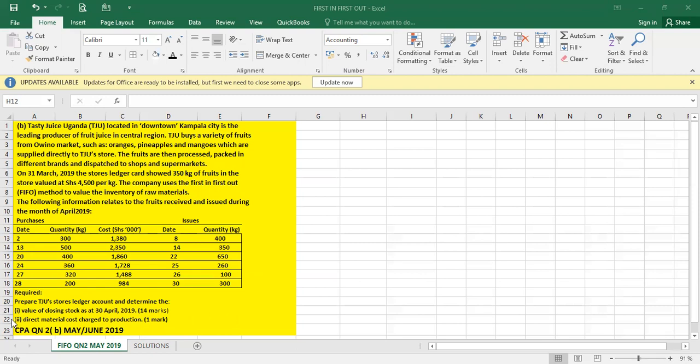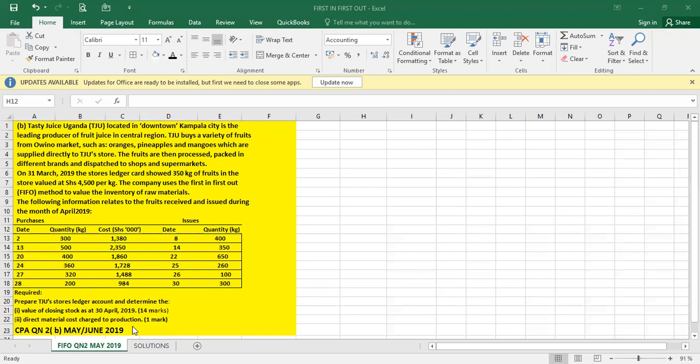Then the part Roman number 2, they are saying the direct material cost charged to the production. So what we want to find out, what was the cost of those issues?